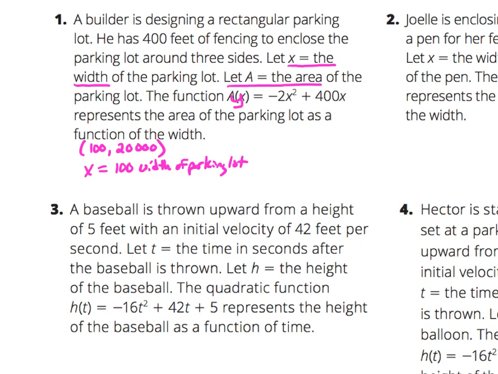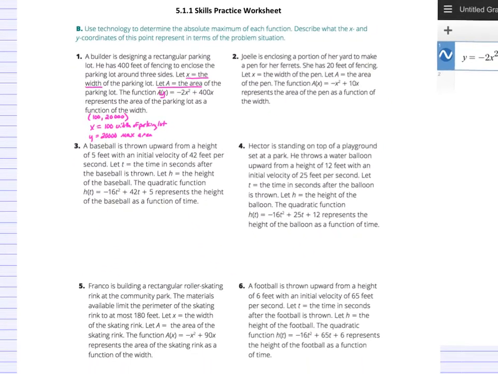And the y, or the A, is the area of the parking lot. So the y is 20,000, which represents the maximum area. And that's how you do these first 6 problems.